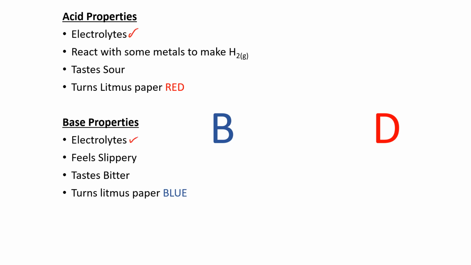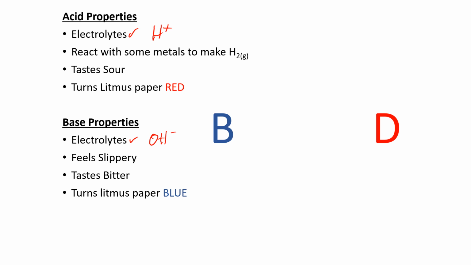And if we remember what electrolytes are from our chapter 3 or unit 3, electrolytes conduct electricity when they're placed in water. In other words, they make ions in water. Acids typically make H plus in water, and bases typically make OH minus in water, and sometimes acids will produce other types of electrolytes as well.